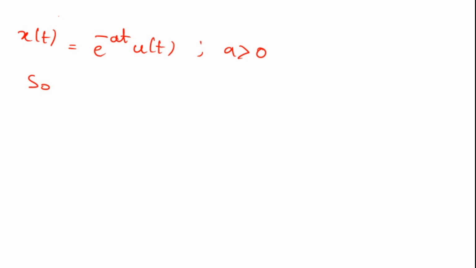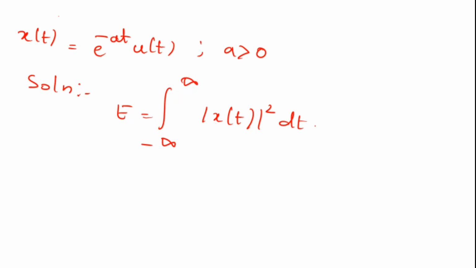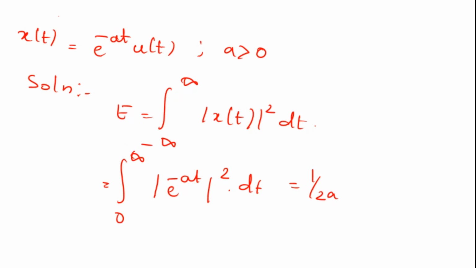Then energy signal formula, E is equal to integration minus infinity to infinity mod of x of t whole square into dt, which is equal to integration 0 to infinity mod of e power minus at square into dt, which is equal to 1 by 2a, which is less than infinity. Hence, x of t is an energy signal.